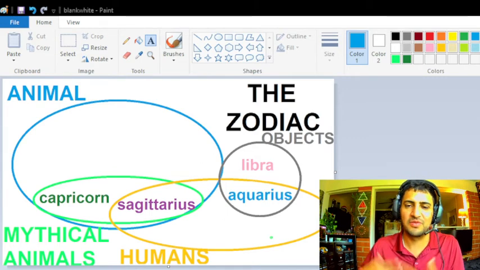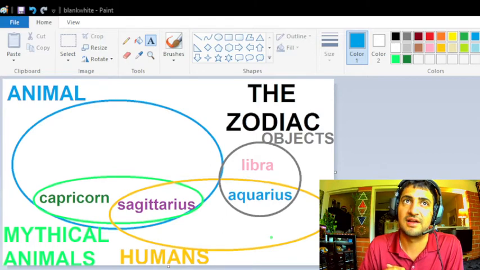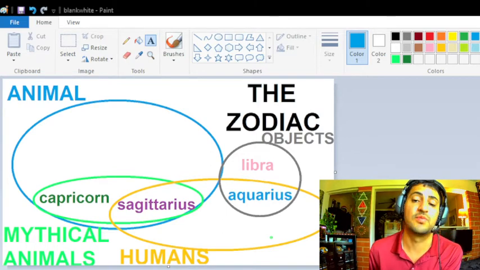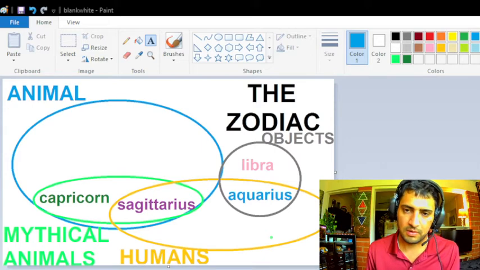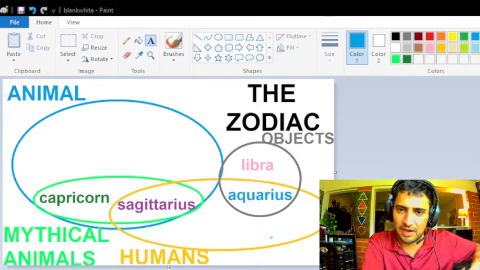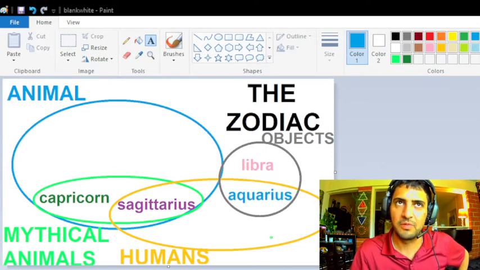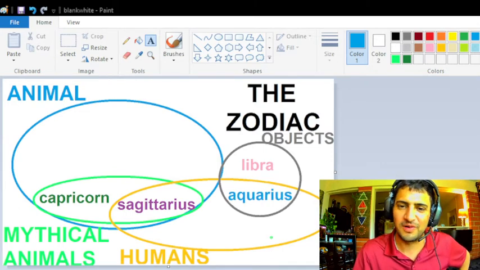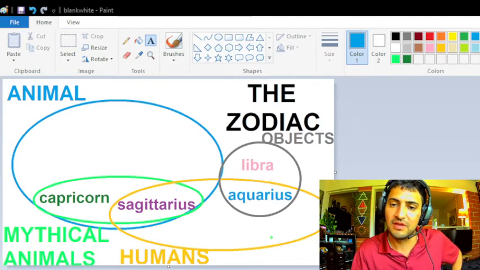The Aquarius is often represented as just a vase, dumping out some water or holding some water, or it could be a person holding the vase with water or dumping it out. Either way, there's a vase involved with some water or some kind of other vessel for water.